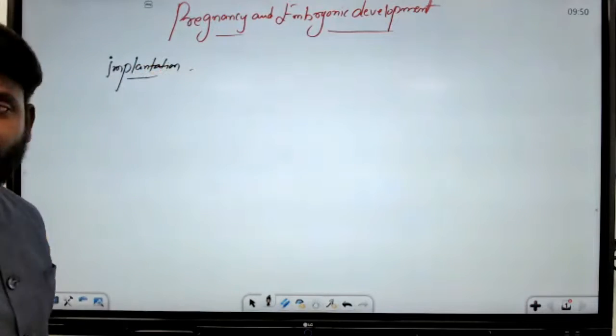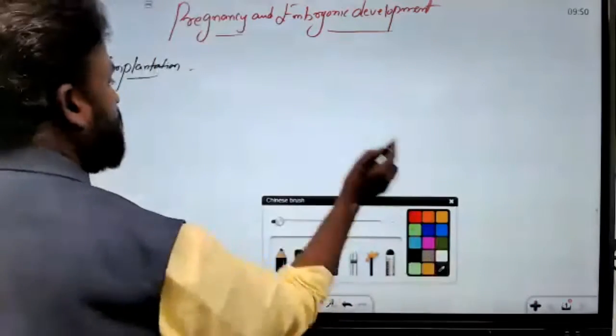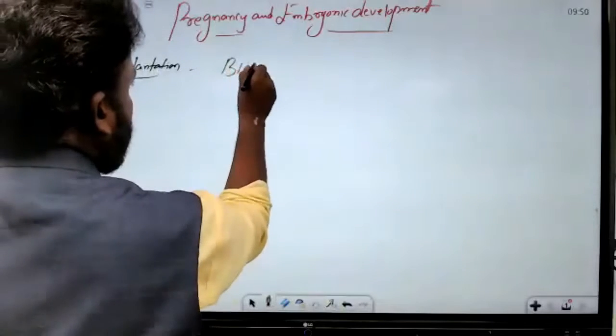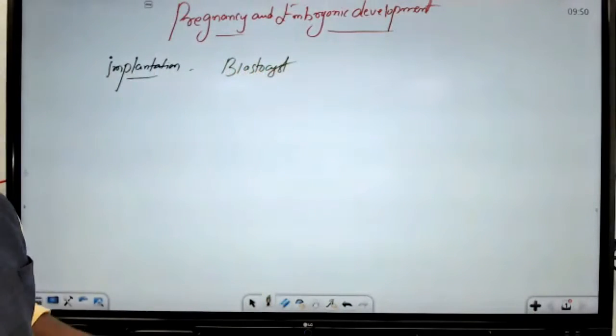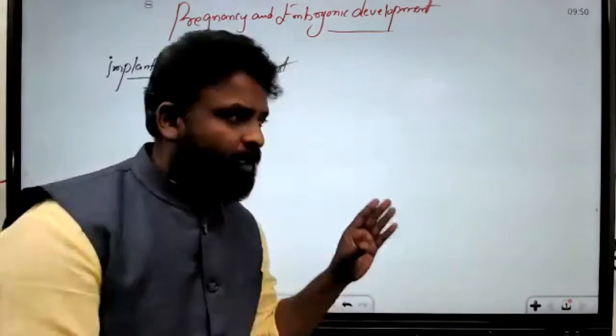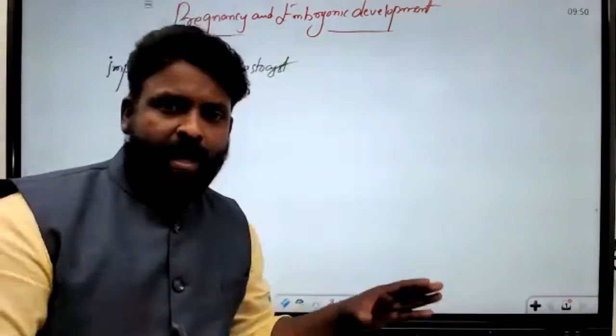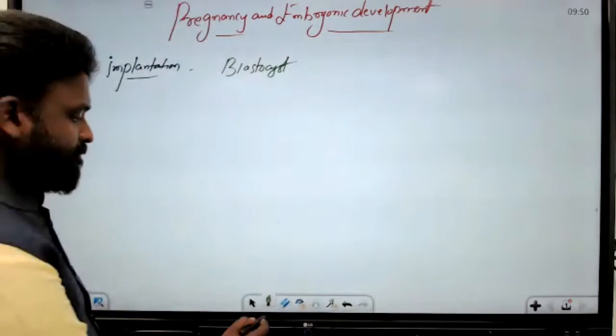The part of the zygote that implants is called what? Blastocyst. So the blastocyst moves from the fallopian tube towards the uterus and attaches to the wall of the uterus. This is called what? Implantation.